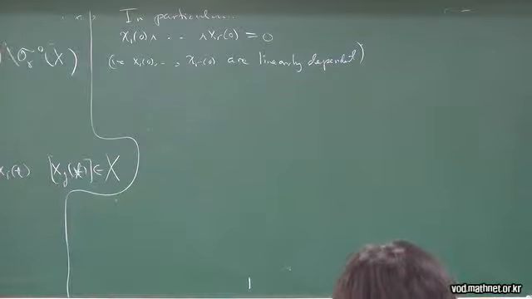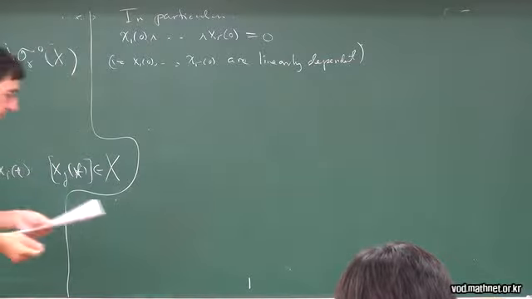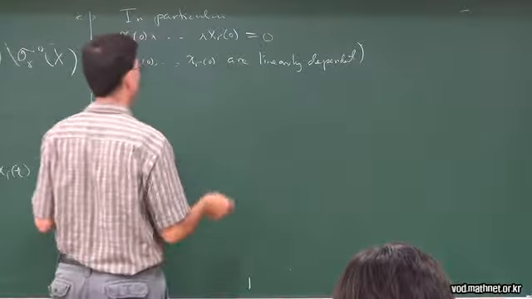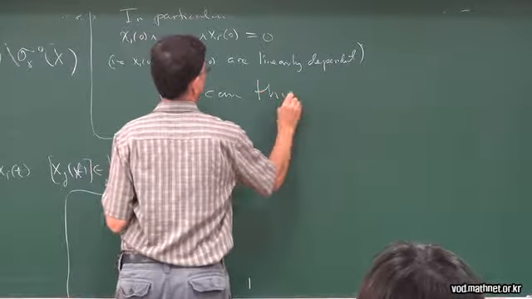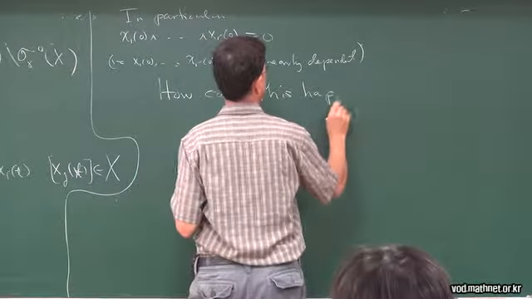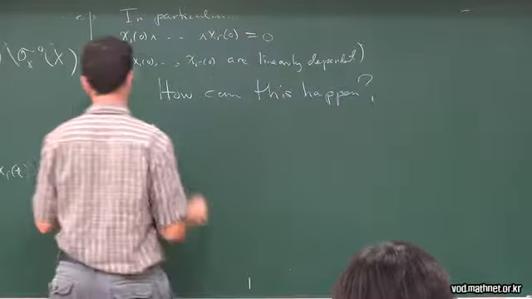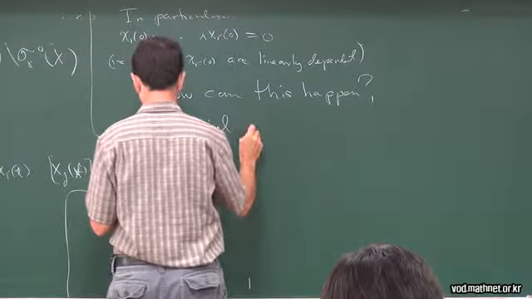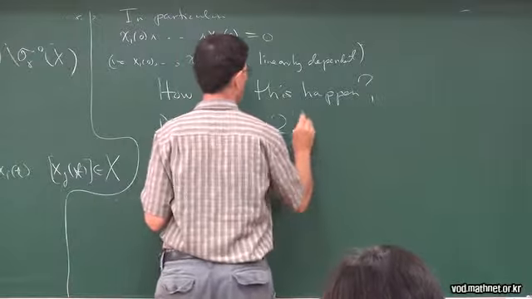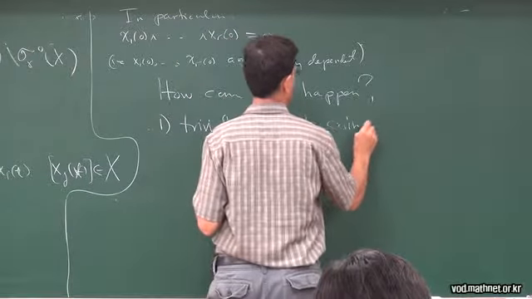So, how can R points on an algebraic variety fail to be linearly independent? Well, how can this happen? Well, the first case is kind of the trivial case. 2 points coincide.